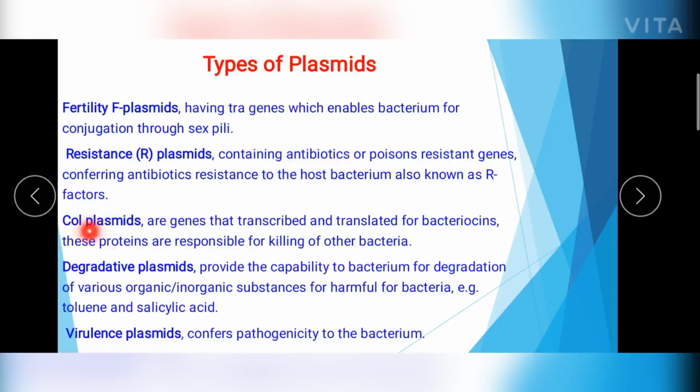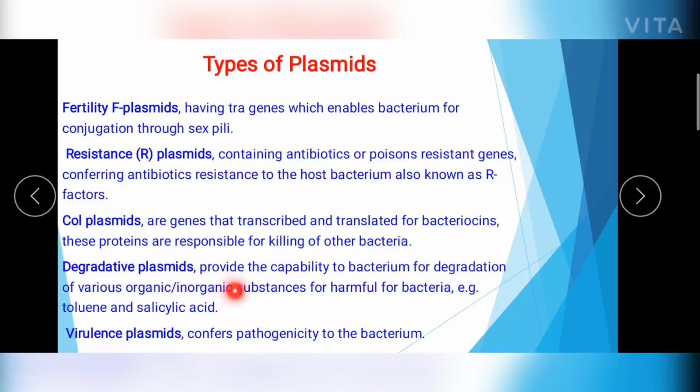The third one is the col plasmid, and it encodes proteins called bacteriocins or colicins. They help in killing other bacterial cells, and in that particular area the bacteria which have these col plasmids will flourish their own population and kill other bacterial cells.